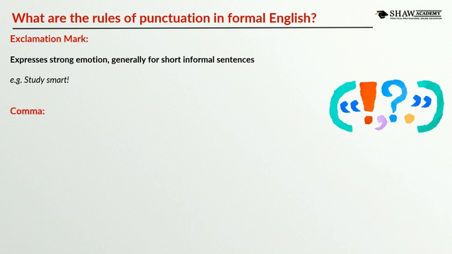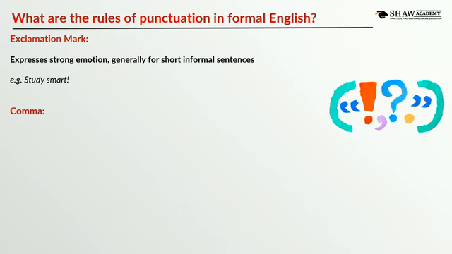Next up, guys, we have the comma. Now, the comma can cause a lot of problems. It is easy to use in its most basic form, but it is also the piece of punctuation that has the most uses, okay?